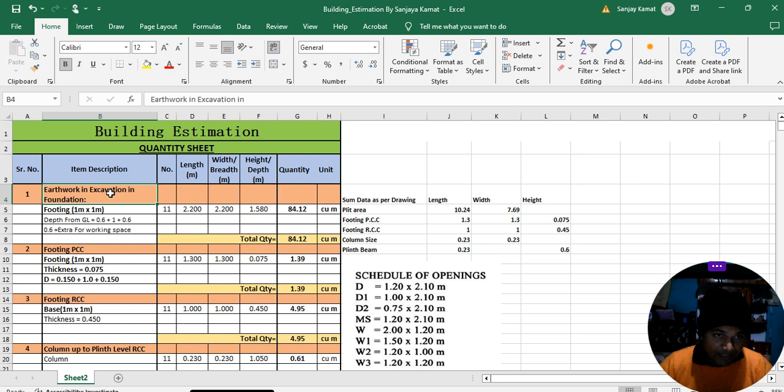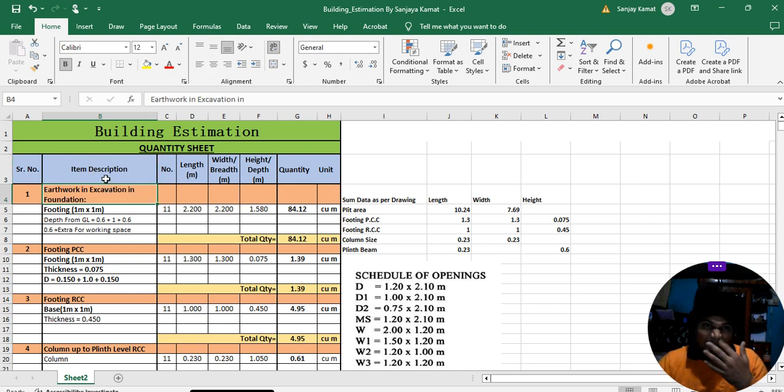Suppose you are going to construct 4 by 4 rooms, let's say in 1 katta.